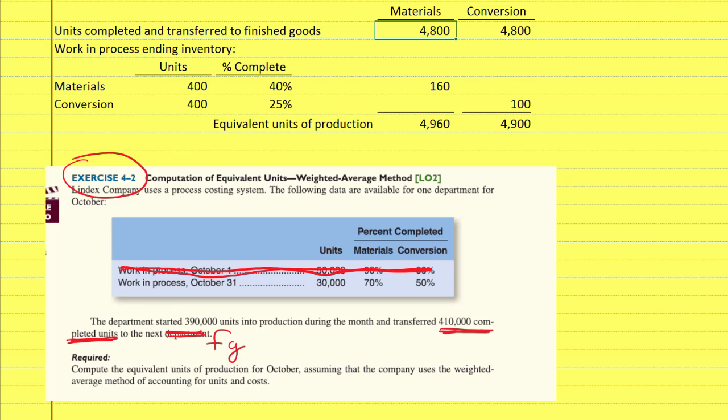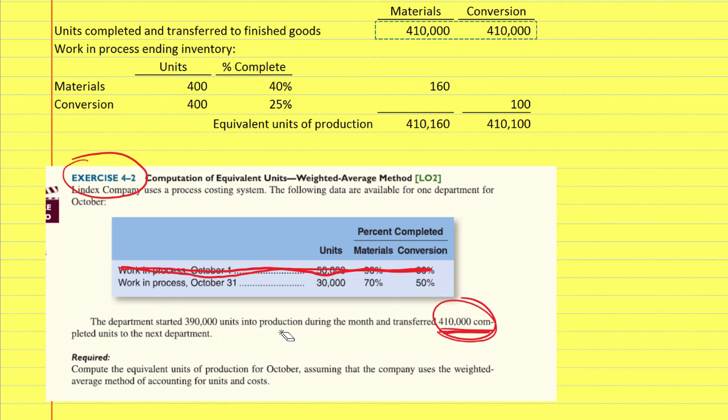So let's drop that information in our structure. 410,000 in both the materials column and the conversion column. And there's that 410,000 down in the exercise there.